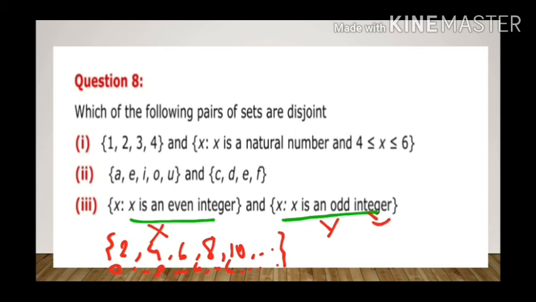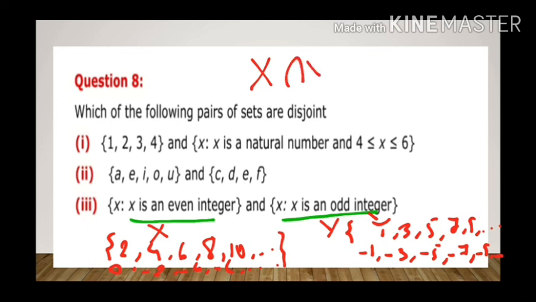And this set will contain 1, 3, 5, 7, 9 and so on, and again -1, -3, -5, -7, -9 and so on. As you can see, there is nothing common between x and y, so x intersection y will be the phi set. So this pair of sets is disjoint because they do not have anything common.